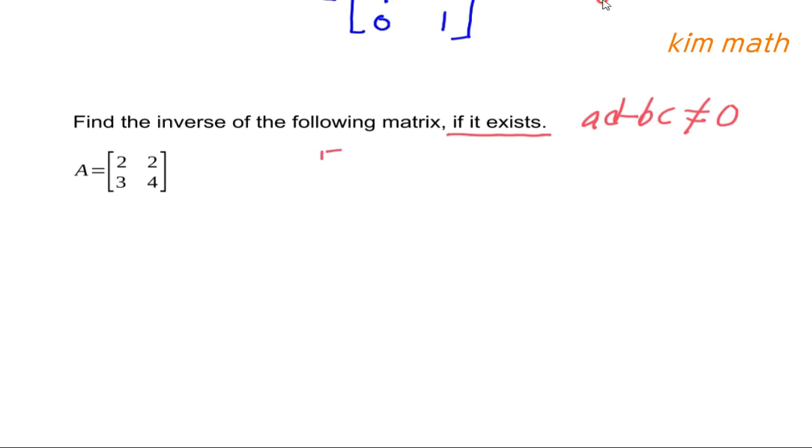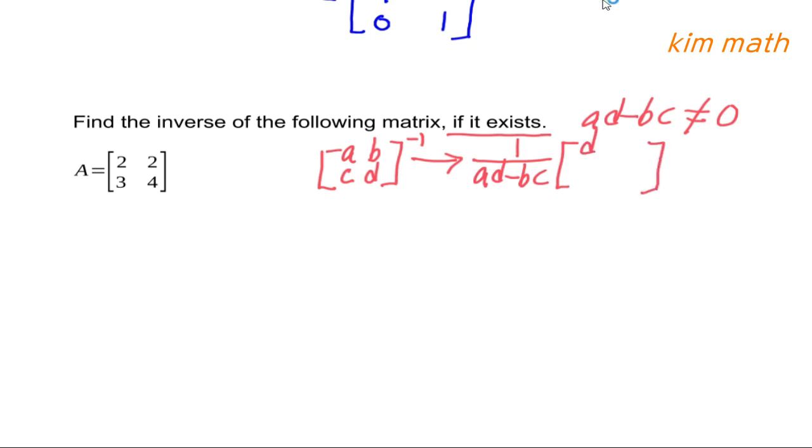If you have A, B, C, D, then the inverse of this one will be 1 over AD minus BC, and switch these two numbers and change the sign of these two things. This is the inverse matrix by definition.